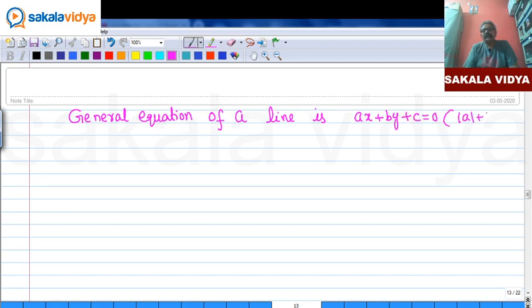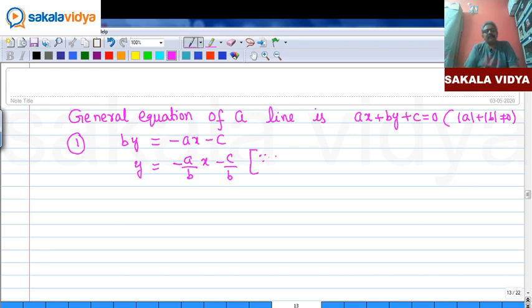Mod a plus mod b does not equal to 0. So, first point, this can be put in slope intercept form. We can write by is equal to minus ax minus c divided by b. Y is equal to minus a by b x minus c by b. So, this appears to be in the form of y is equal to mx plus c form.